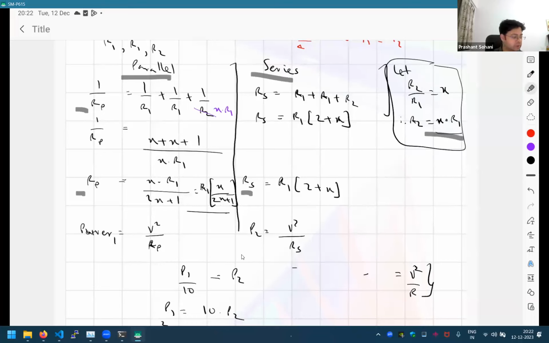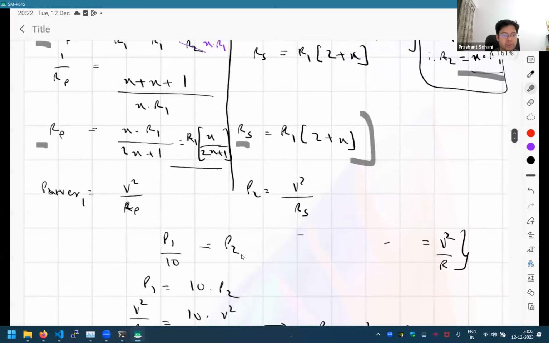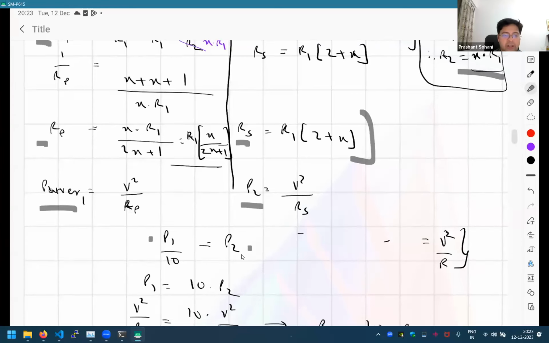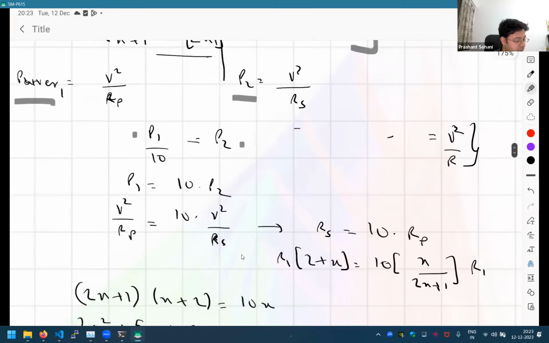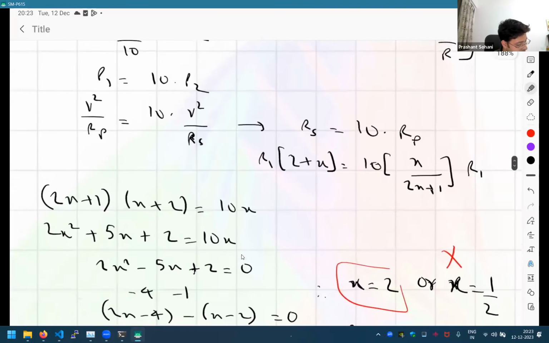Just to make things simple, it is this kind of a shortcut, you can say. And then the important information was in terms of the power, that one case takes 10 times longer to heat the same water than the other one, which means that the power involved is 10 times smaller. So P2 is 1/10 of P1. And then just using the right formula, V square by R, equating and solving for X, we get the answer.